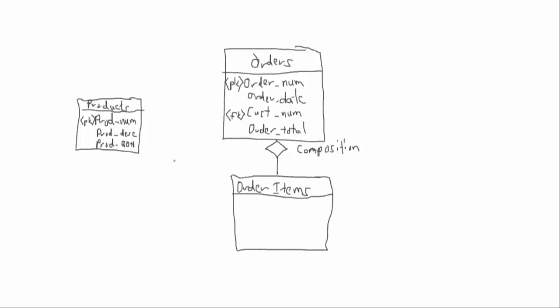So for our order items, we're going to have our product number. We're going to have our quantity ordered. And we'll have our price. But we need to be able to relate it back up to the order, so we need to actually include the order number as well.